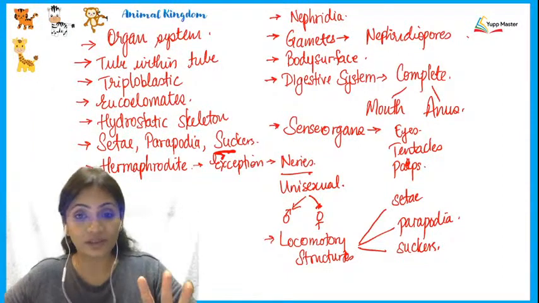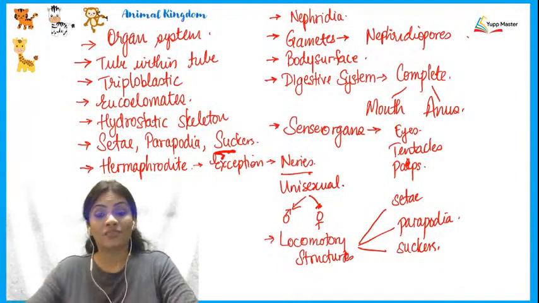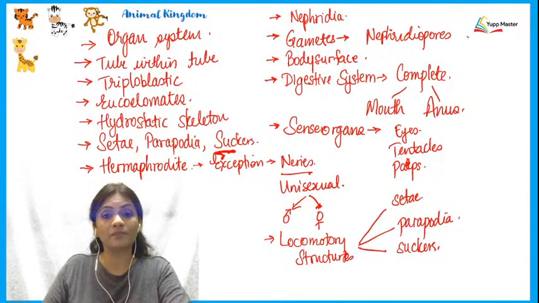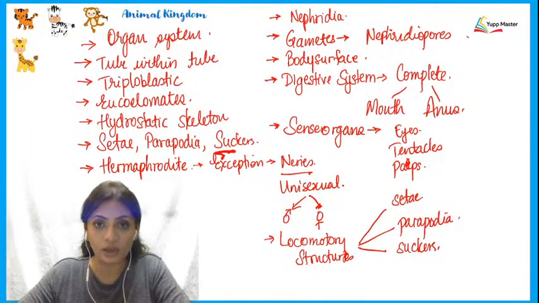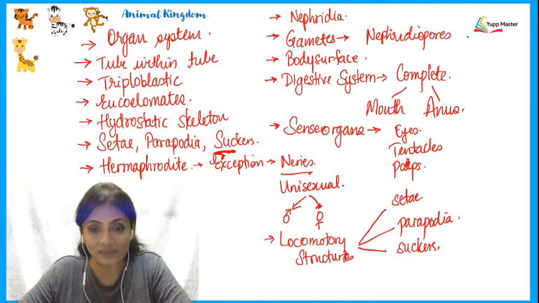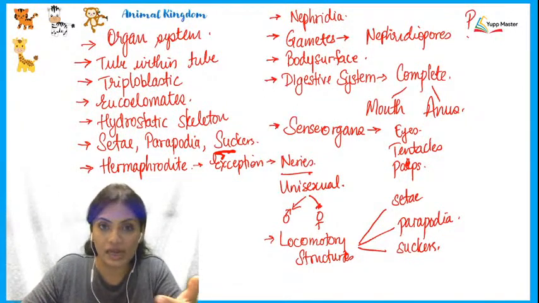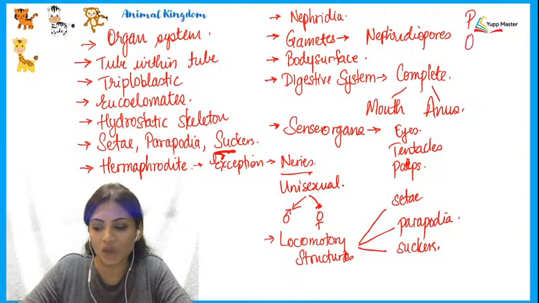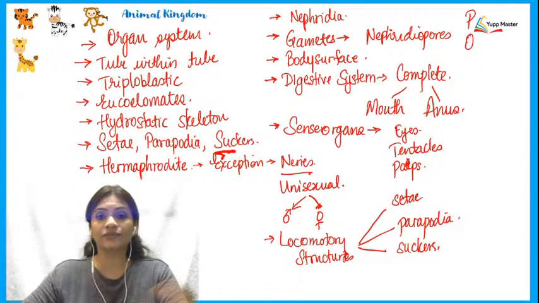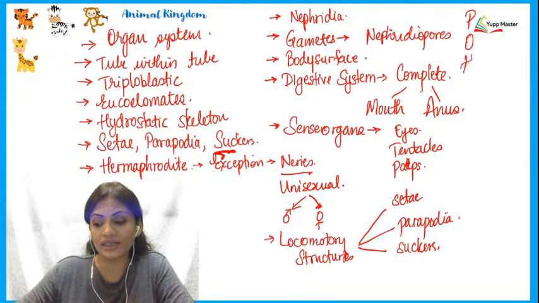Then we saw the presence of 3 classes. The classes were based upon the number of setae. If there were many setae, we call it Polychaeta. If there were fewer setae, we call it Oligochaeta. And if the animal was a leech, we call it Hirudinea.